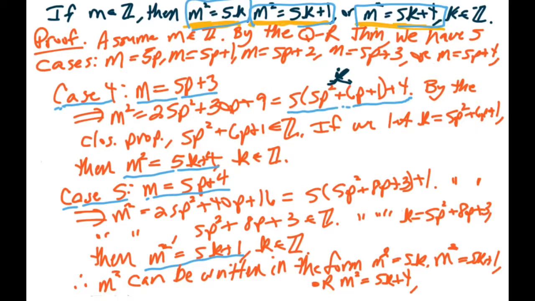And of course, that's going to be where k is an integer. All right, and so we're done with this one. That's the very last thing that we needed to show. We needed to write our conclusion, and we were able to do that by writing m squared in one of the forms above.